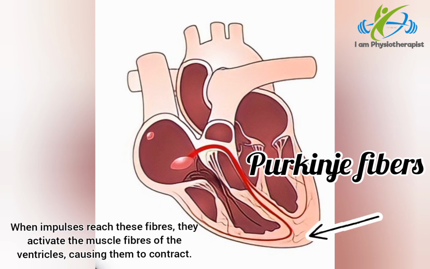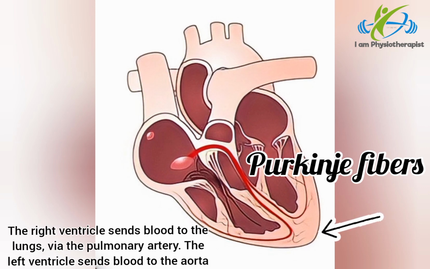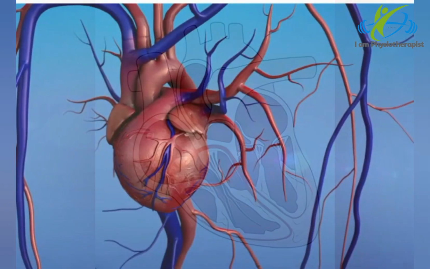When impulses reach these fibers, they activate the muscle fibers of the ventricles, causing them to contract. The right ventricle sends blood to the lungs via the pulmonary artery. The left ventricle sends blood to the aorta.